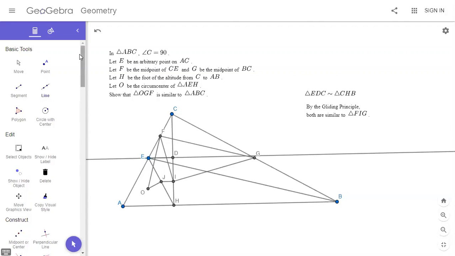Let's check it. I'm not sure if this fact is useful. It looks interesting.